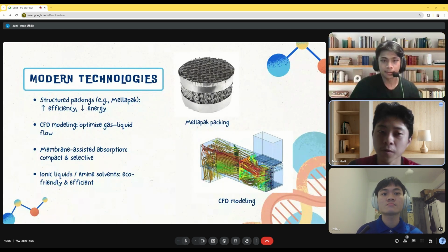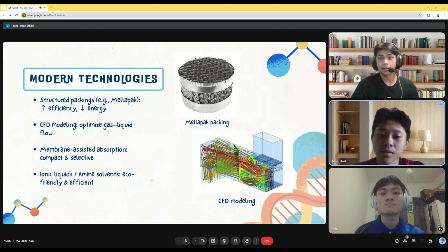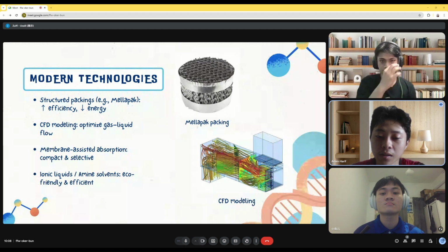Okay, now let's move on to the industrial application. Modern absorption systems are now smarter and more efficient thanks to technology. Structured packing like Mellapak provides higher surface area, better flow uniformity, and lower energy use. CFD modeling, that's computational fluid dynamics, helps simulate how gas and liquid move inside towers before they are even built.